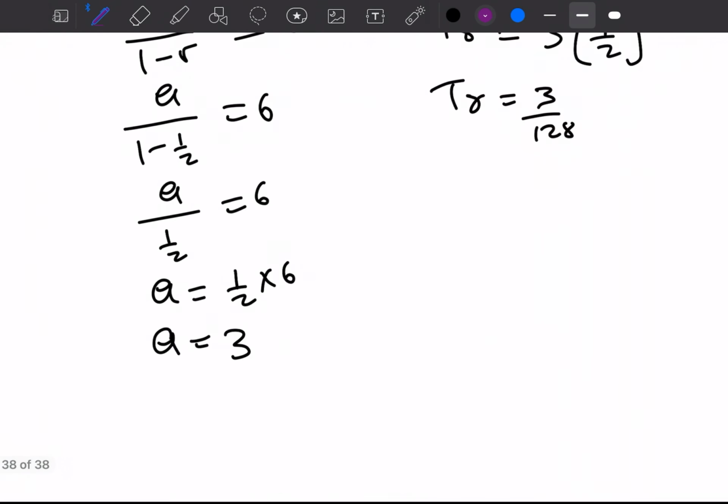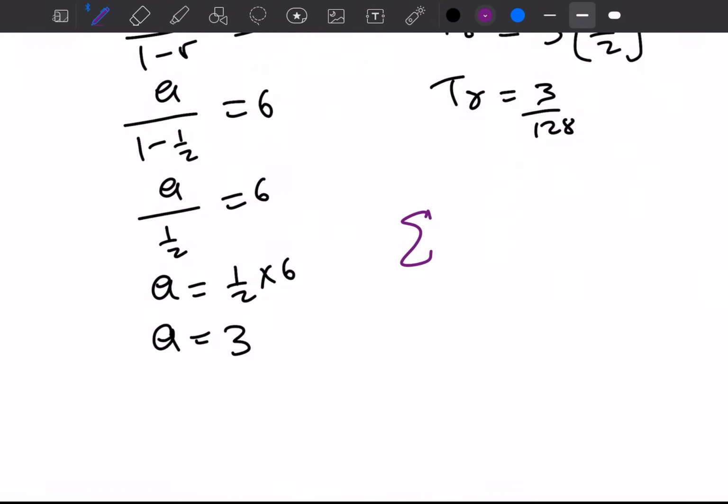If you have sigma of Tn, where i goes from 1 to n, to simplify this, because this is a summation, this means T1 plus T2 plus T3 till Tn.